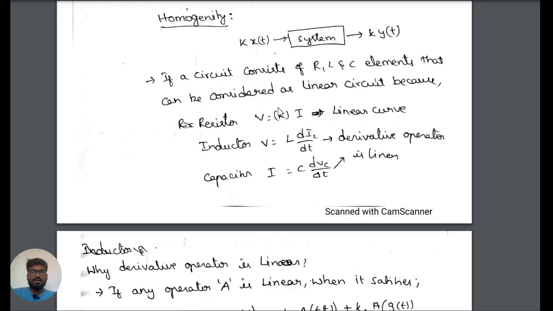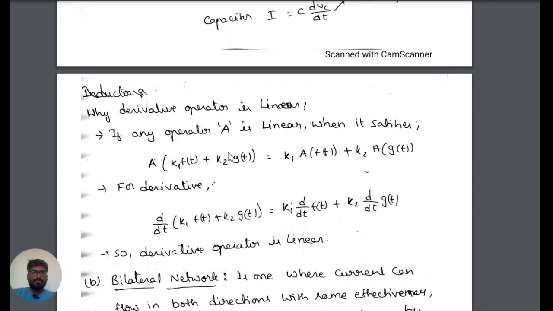And as we can see, resistor, inductor and capacitor are linear elements because V is equal to IR, where R is a scalar, so it is linearly proportional. The derivative can also be considered linear.